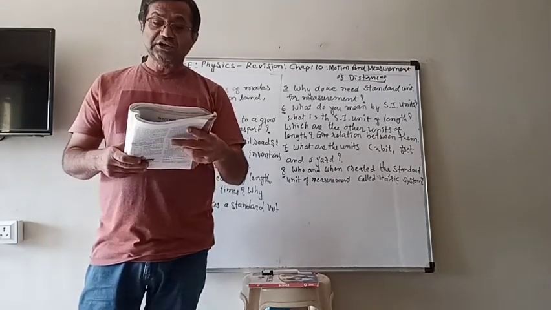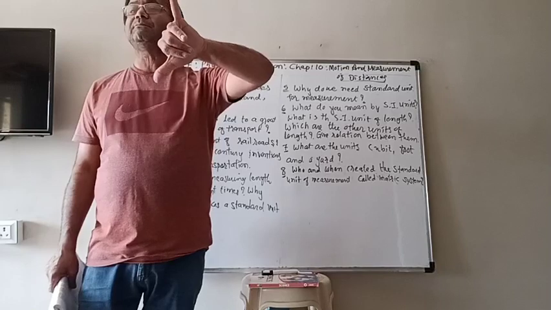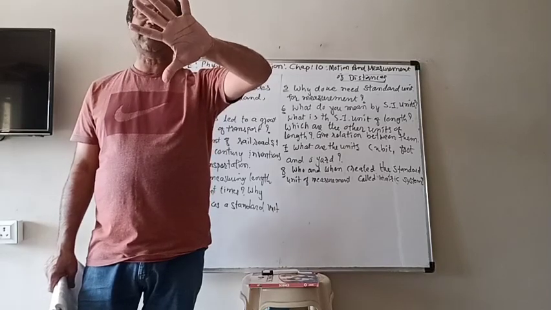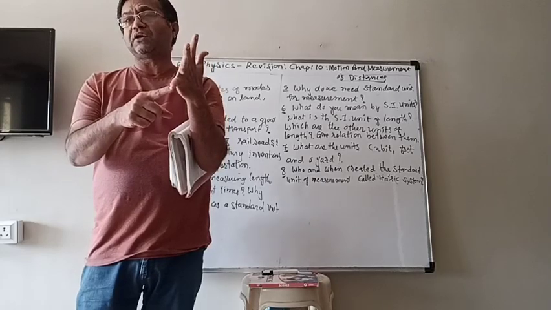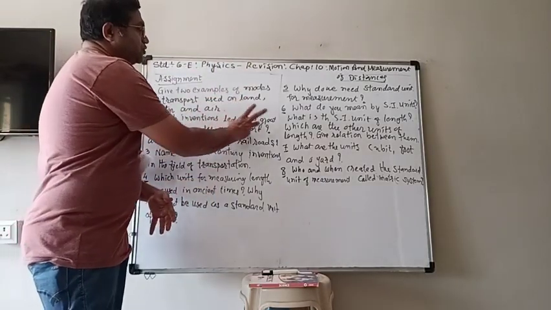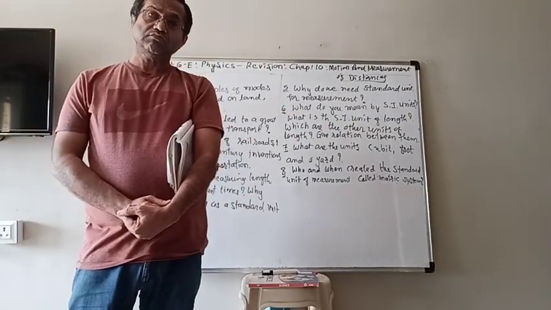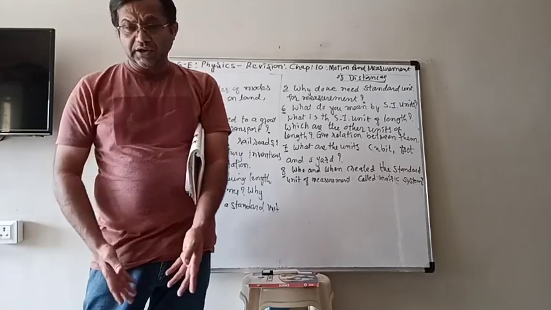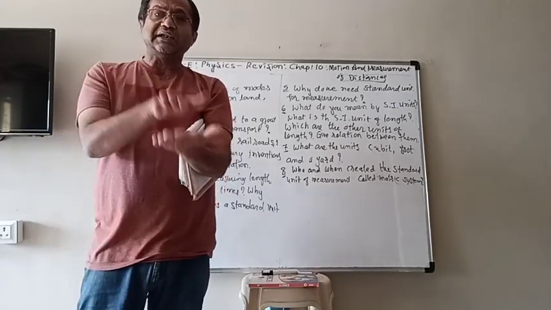They used different things like the length of a palm. A straight palm means from the thumb to the small finger, and then they used to measure like that: 1, 2, 3, 4, 5, etc. Sometimes they were using the foot, the length of the foot.